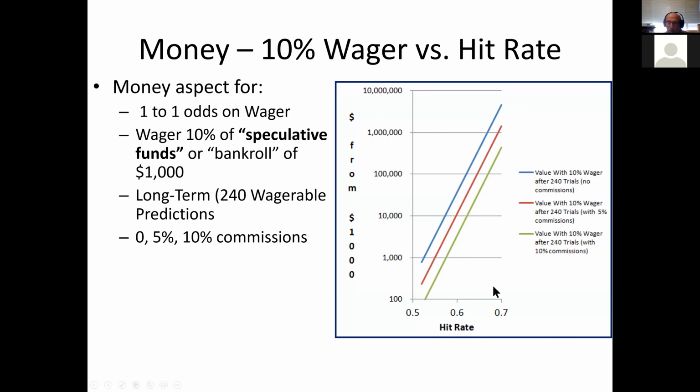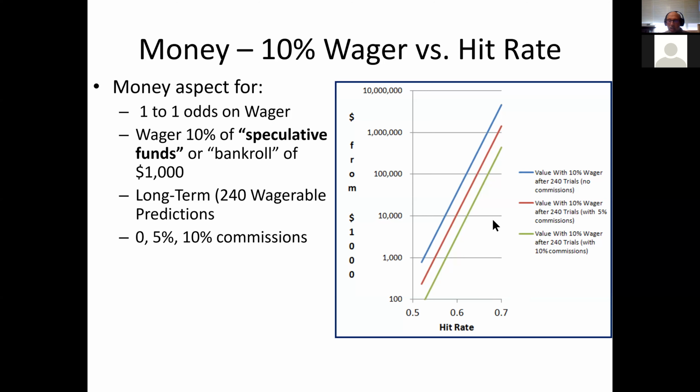The key is when you start getting up to like 70%, 5% commission gets you to $1 million. And then 10% commission gets you to several $100,000. This is where we want to be to make a significant impact on you and society.